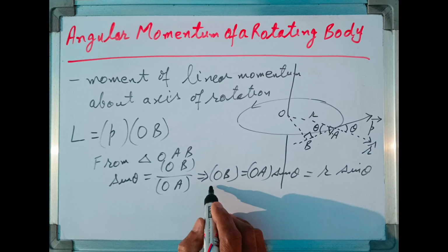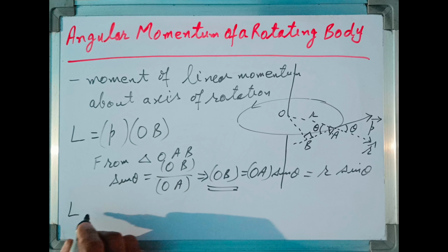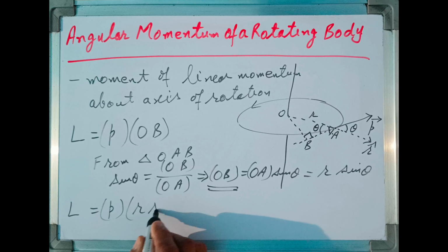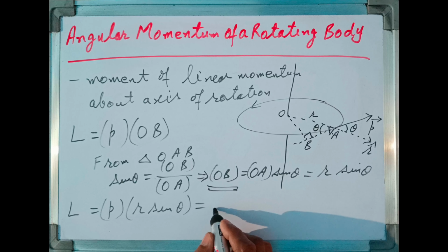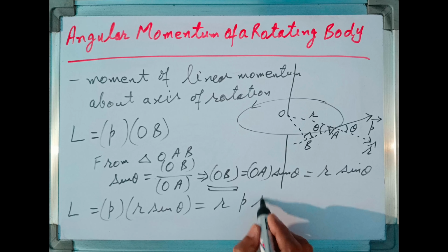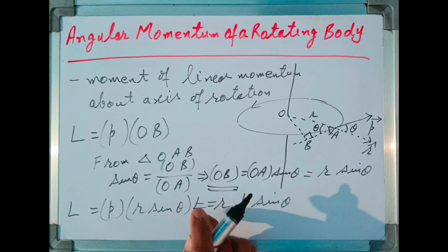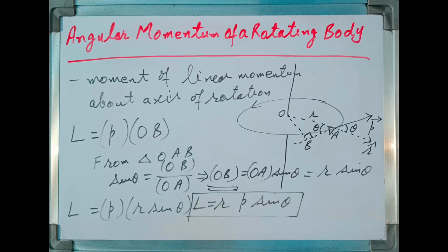Now if I put this value of OB equal to r sin theta here, I can write L is equal to p multiplied by r sin theta. It is r p sin theta. So this is the answer for the magnitude of angular momentum.